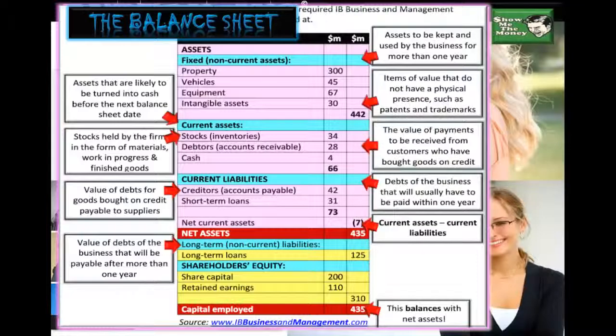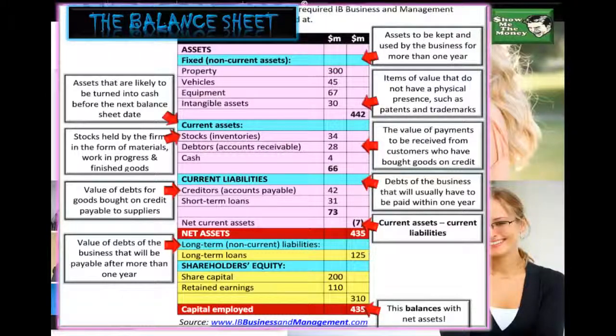If we subtract current liabilities from current assets, we have our net current assets. And we know that current assets minus current liabilities is also termed working capital. Okay. And if we take our assets and we add or subtract our net current assets, we have got our net assets. So we can think of that as being our total assets. That's one side of the balance sheet.